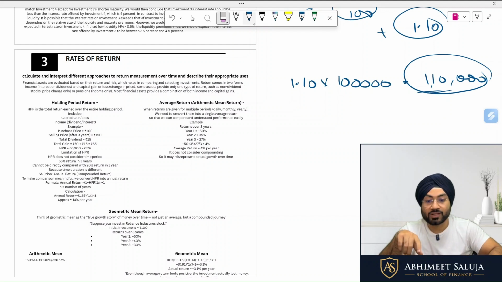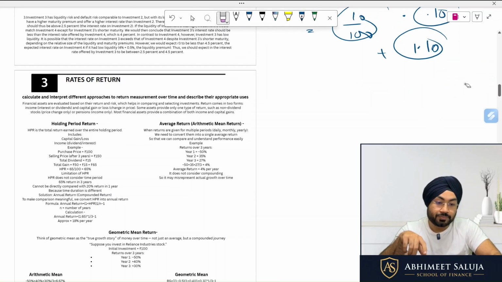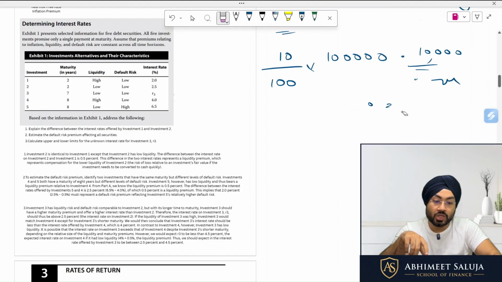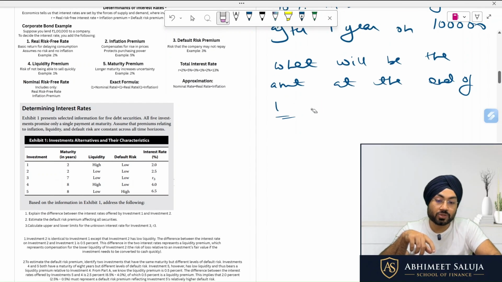I hope this factor thing is clear to you. So discount rate, got it? It gives you the present value of all the future cash flows.